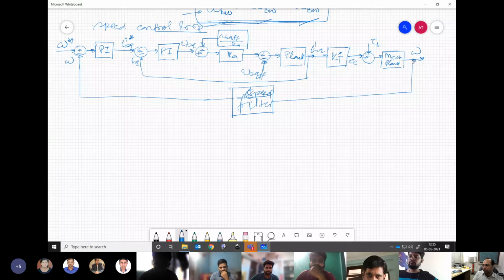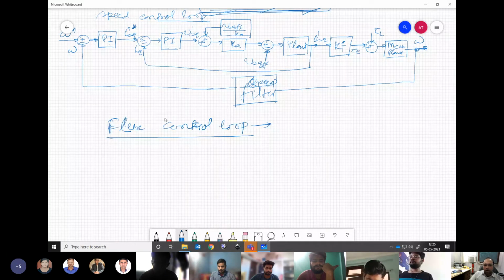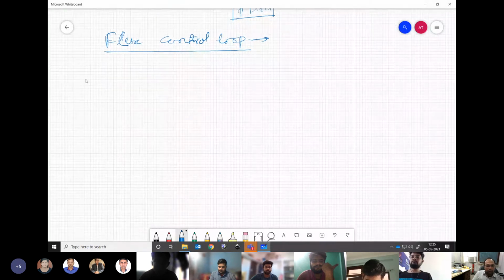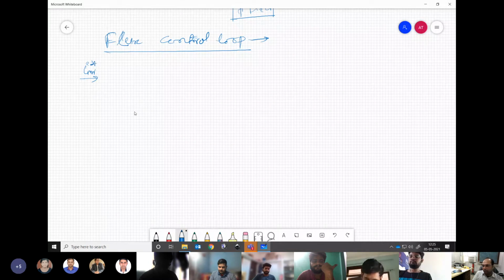Then we have our flux control loop. So these two quantities are very clearly decoupled. Now in the flux control loop, we are actually controlling the IMR. So some reference we can give. I will come to that, what reference to give for IMR.